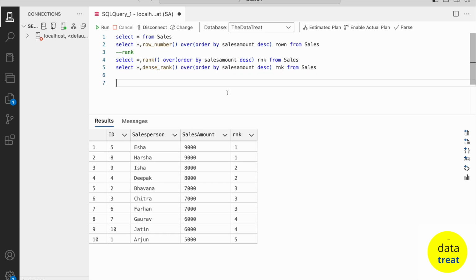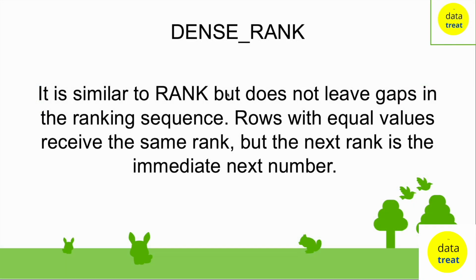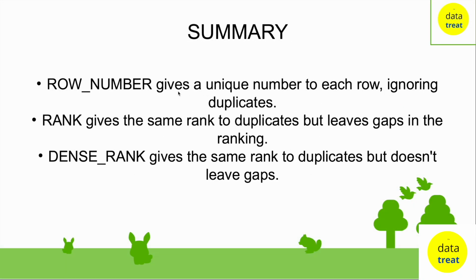If we conclude this, for row number it will just give a serial number directly to all the rows without considering duplicates. It will not see any duplicates, it will just assign a serial number to each row. For rank it will consider duplicates and give the same rank to duplicates, but then it leaves a gap, as we discussed in how it calculates the next rank.